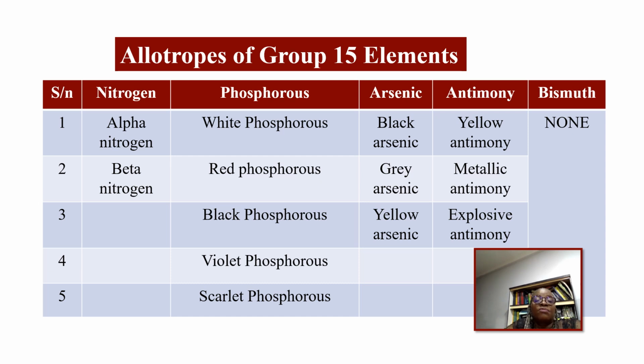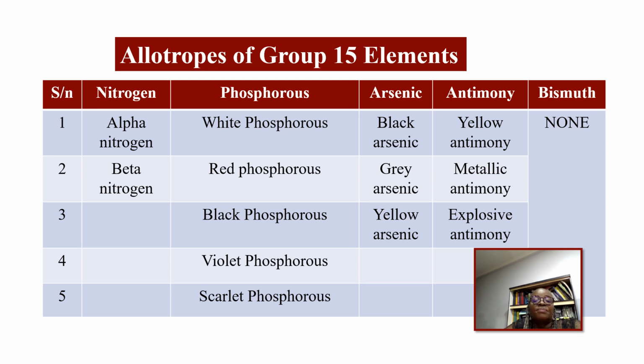The allotropes of the group 15 elements. Most of the group 15 elements form allotropes. Nitrogen has alpha nitrogen and beta nitrogen. Phosphorus has 5 allotropes: white phosphorus, red phosphorus, black phosphorus, violet phosphorus, and scarlet phosphorus.